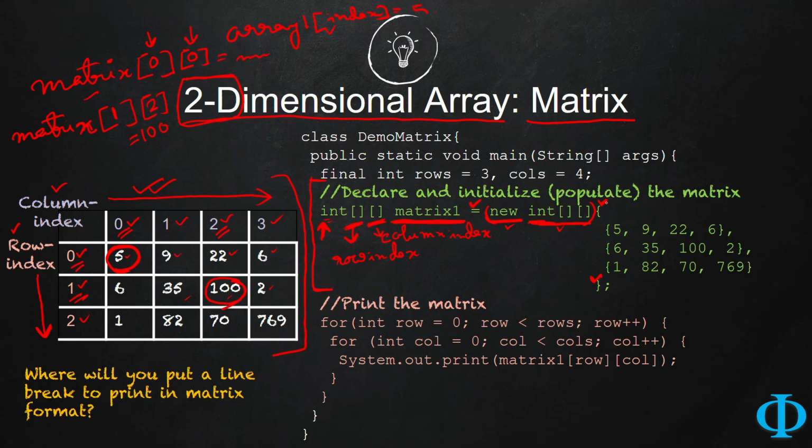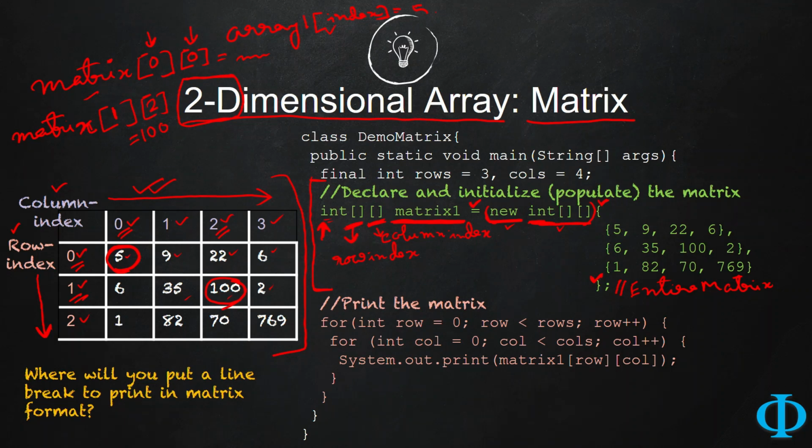So this first set, or this outer set of opening and closing curly braces, is basically providing you the container space for the entire matrix. So this is the meaning of the outer set of opening and closing curly braces.